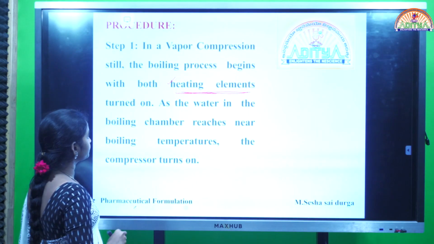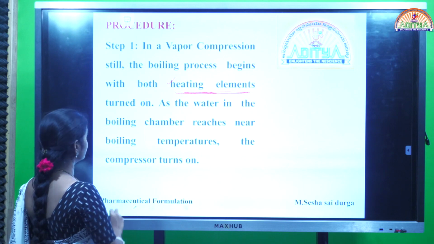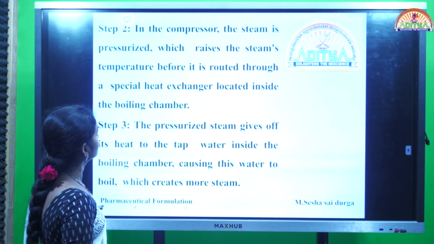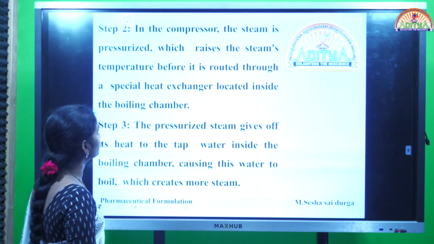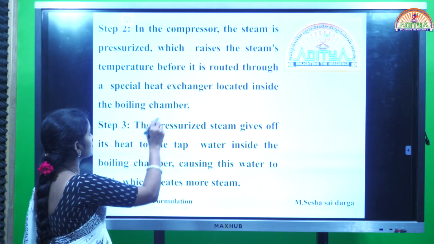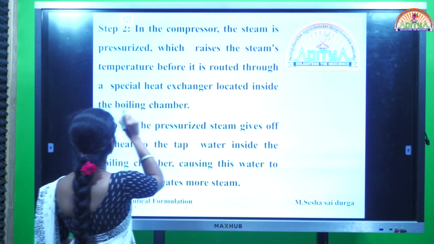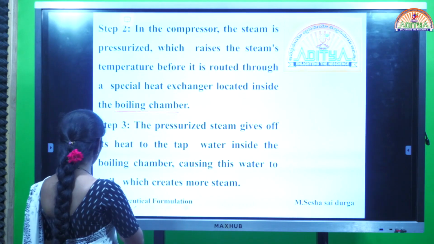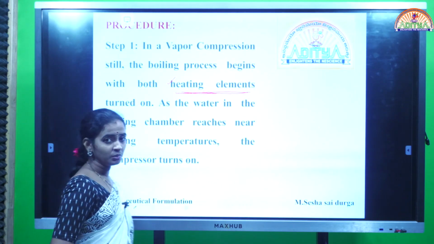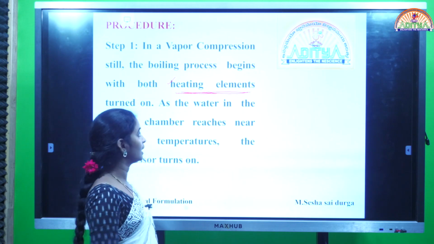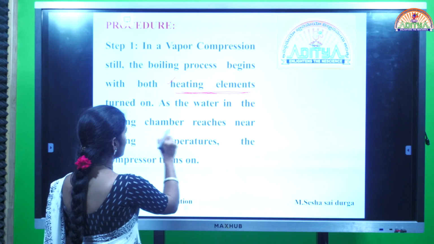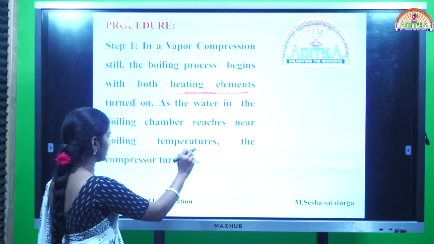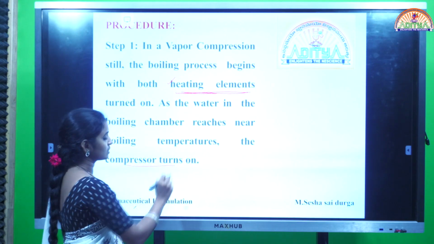And next one, in the compressor, the steam is pressurized, which raises the steam's temperature before it is routed through the special heat exchanger located inside the boiling chamber. So in the first step, the potable water will be boiled with the help of the heating elements. As the water in the boiling chamber reaches near boiling temperature, the compressor turns on.